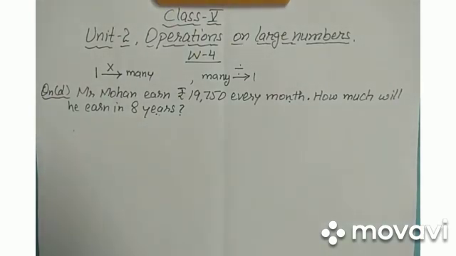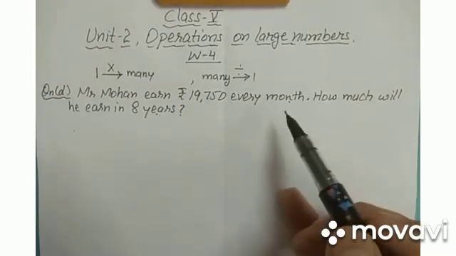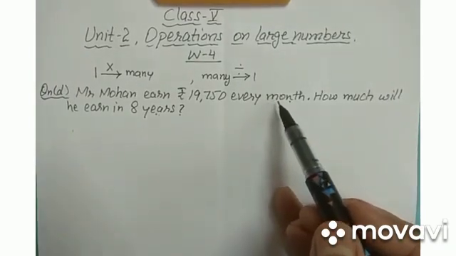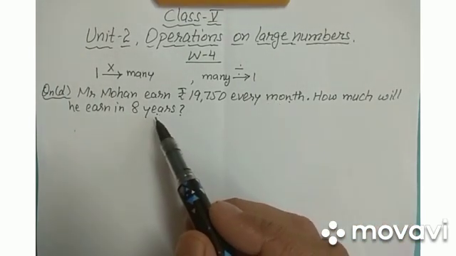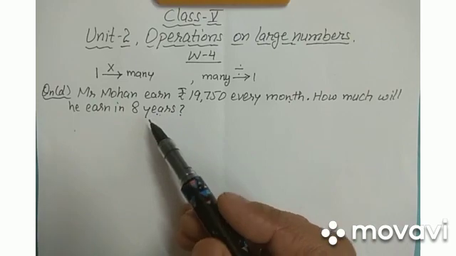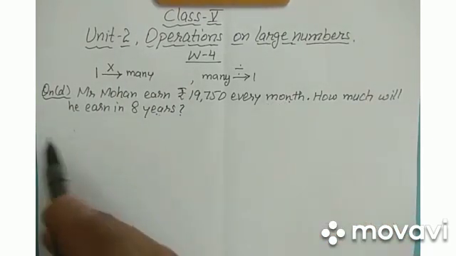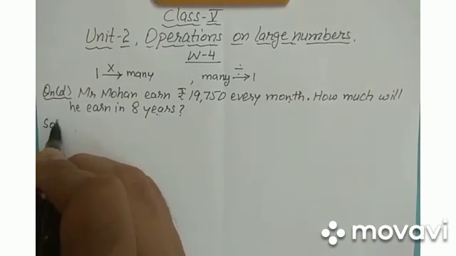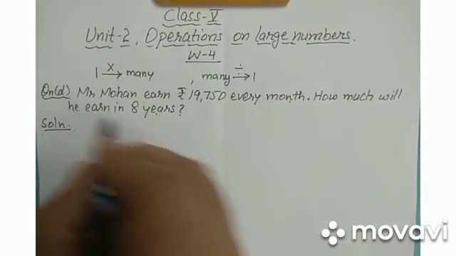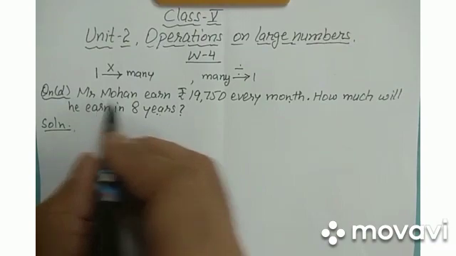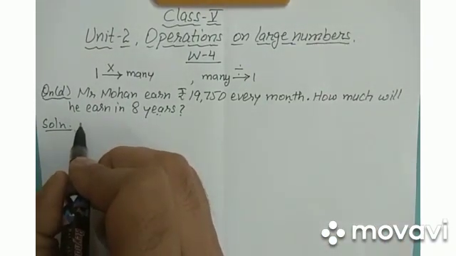Now the problem is the given thing is in months and we have to find in years. So for that we have to convert these years into months. So let us start the question. We always write the given things first.